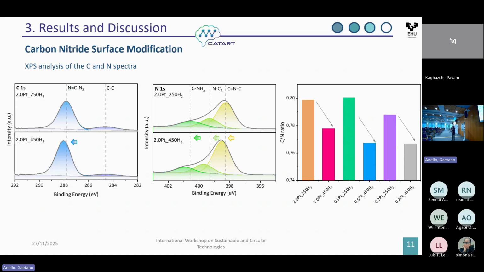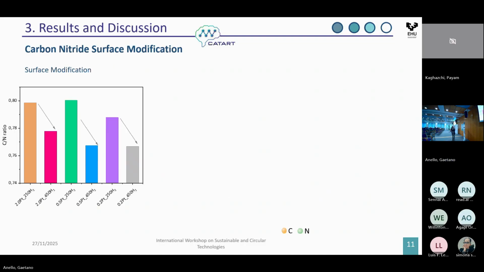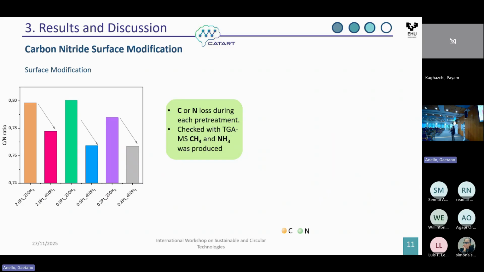So we checked the carbon to nitrogen ratios in each of the catalysts. And we saw that when we were treating at higher temperature, this carbon to nitrogen ratio was getting lower. So we checked with TGA-MS what was going on during the hydrogen pretreatment.